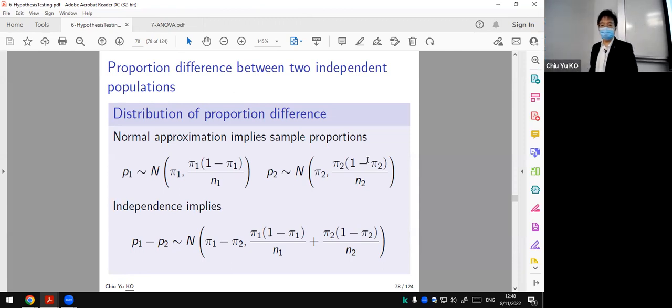So here we have proportion difference. Just to remind you, what we're doing here is talking about two independent populations. We are trying to see if the proportions are different. For example, you may want to see if there's a difference between Hong Kong Island and Kowloon Peninsula in terms of shopping habits.